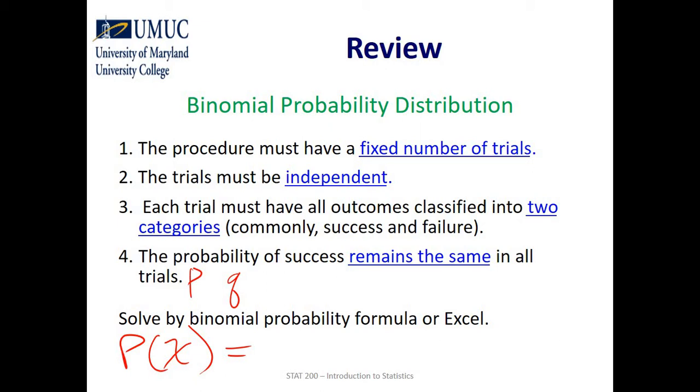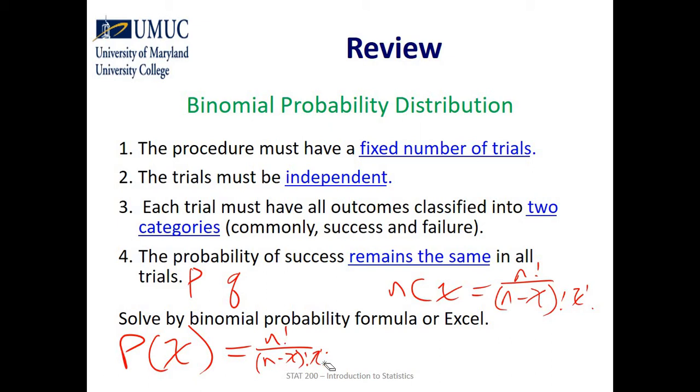Back from one of our earlier lectures where we dealt with permutations and combinations, we recall the equation for combination: n choose x is equal to n factorial divided by (n minus x) factorial times x factorial. So that is the first part of our binomial probability formula.